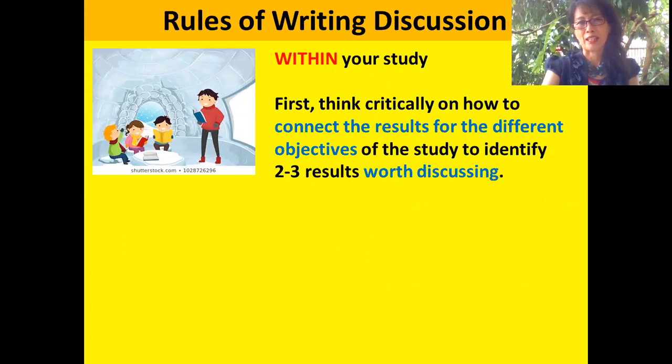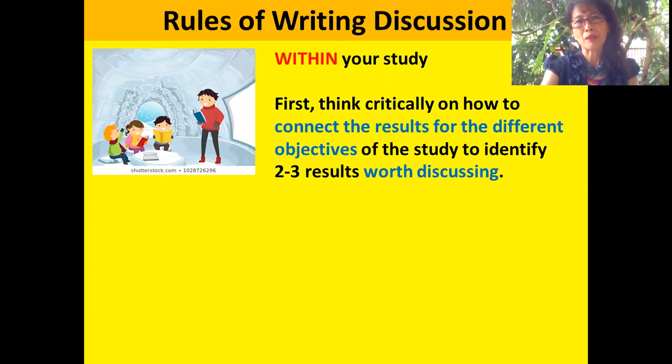Okay, that is the starting point, but we need to think critically about our results to be able to connect them, because we would have collected different kinds of results in accordance to the different objectives of the study. They cannot remain separate. They have to be taken together so that we can show how all these results add up to helping us to understand the research problem, a topic better.